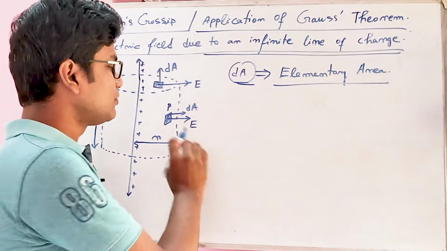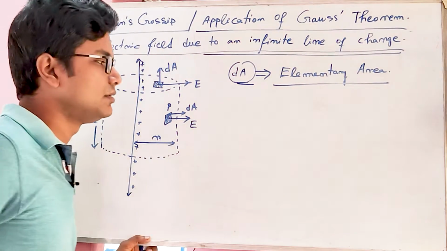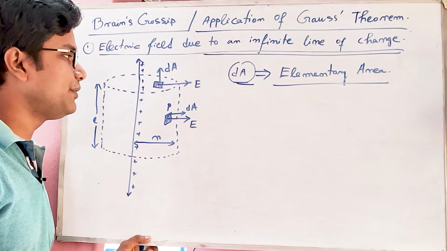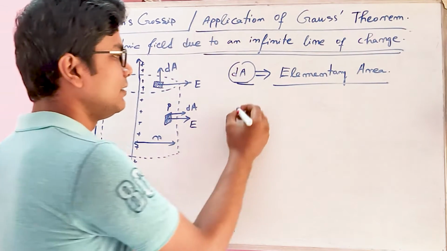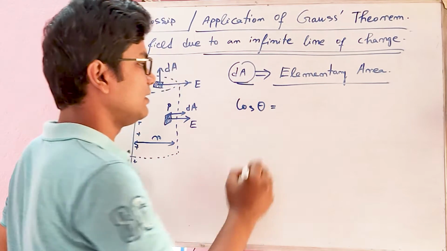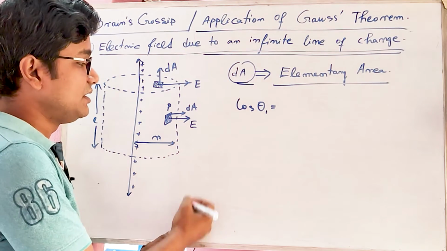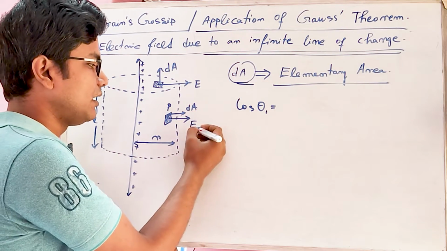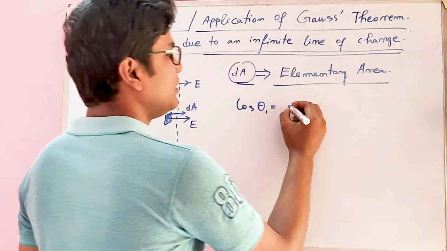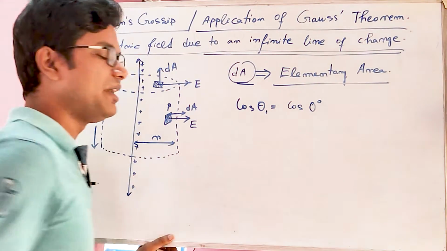Here we can also see the electric field is radially outward. So what is the angle between dA and E? Here cos theta, rather we make it theta 1, where theta 1 is the angle between dA and E. So here it is cos 0 degree. Why is it 0 degree?